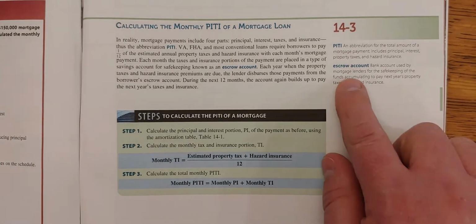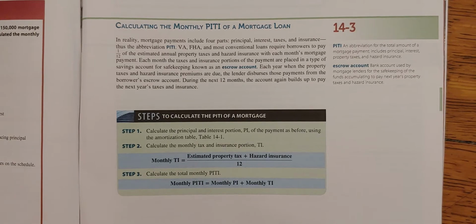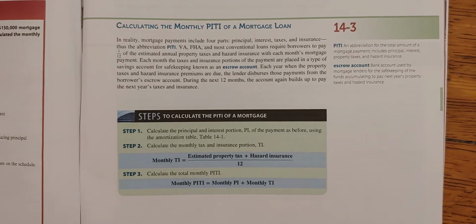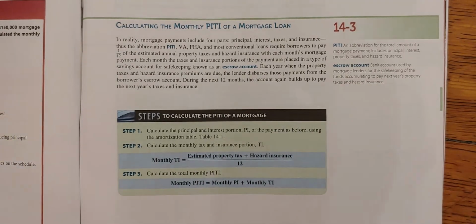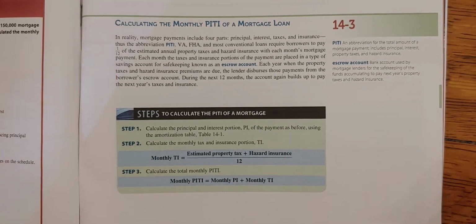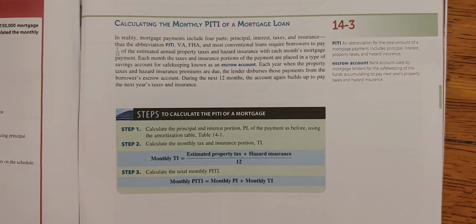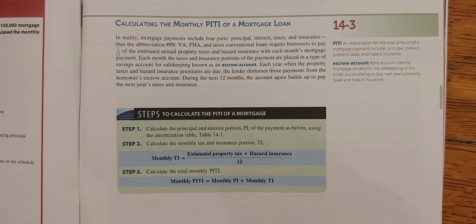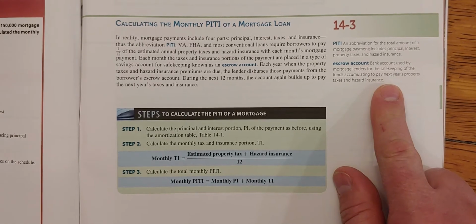And it's a bank account used by mortgage lenders for the safekeeping of funds accumulating to pay next year's property taxes, and they're calling it hazard insurance. It's just homeowner's insurance. In case your house burns down, gets struck by lightning, a tree falls on it, all those things that could cause damage to your property. And then you would have insurance to cover yourself. All right?